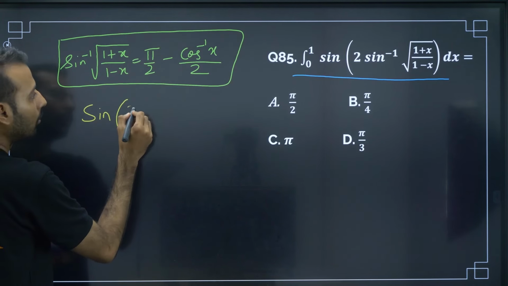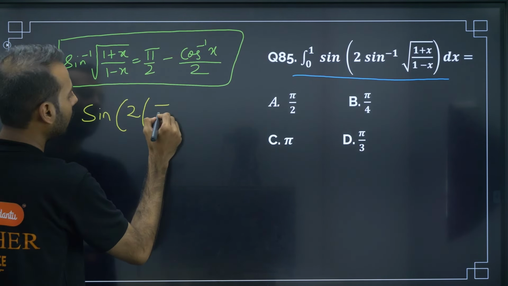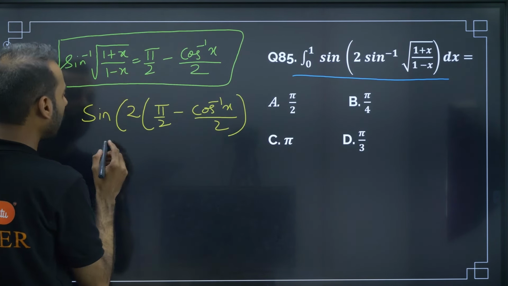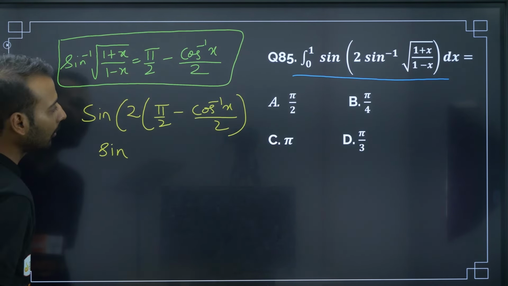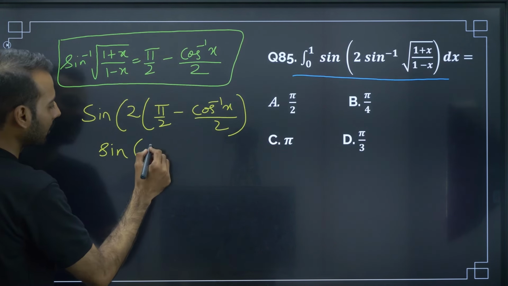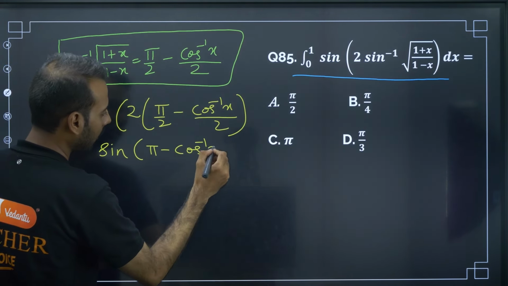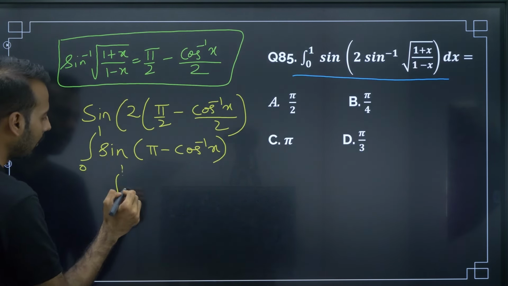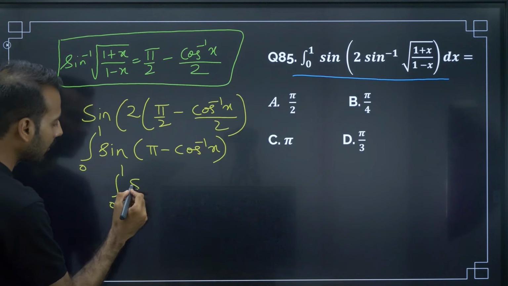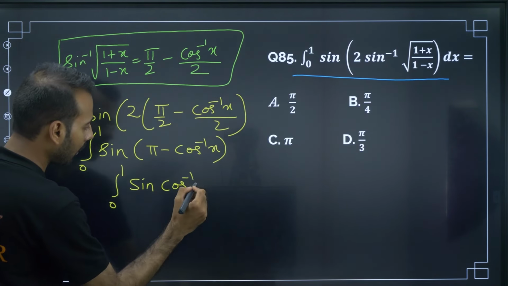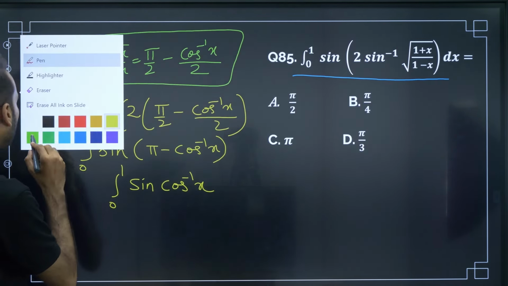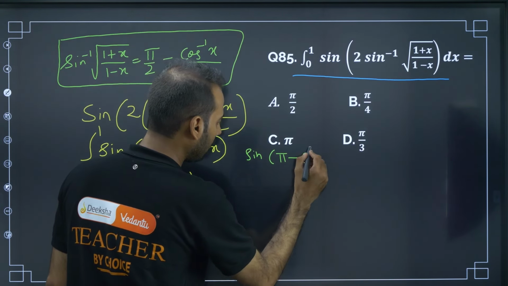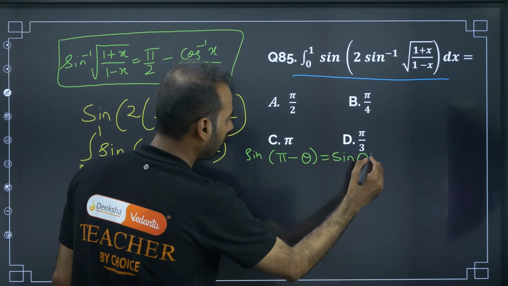Sine of 2 times sine inverse, which is pi by 2 minus cos inverse x by 2. Now sine of pi by 2 minus cos inverse x becomes sine of pi minus cos inverse x, from 0 to 1. Sine of pi minus theta is sine theta.